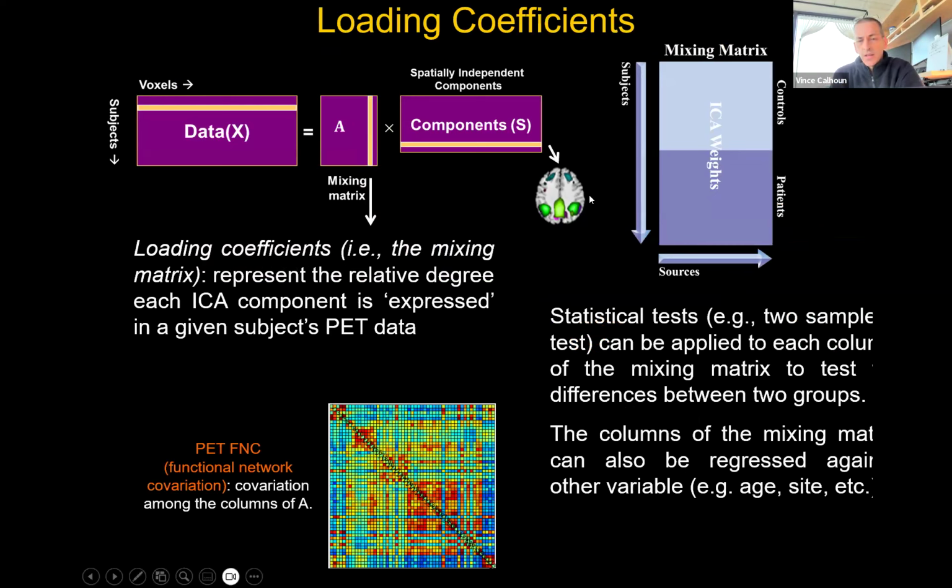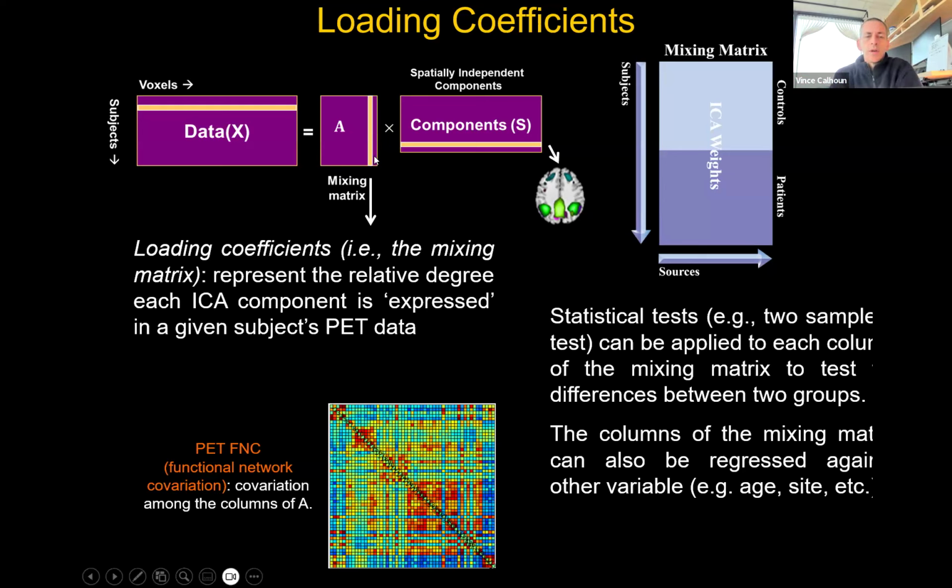So for example, if this component is strongly present in a given subject, the loading parameter will be high. If it's not very present, it'll be near zero. And if it's negatively present, meaning it's subtractive, it would be a negative value. So that's the loading parameters.